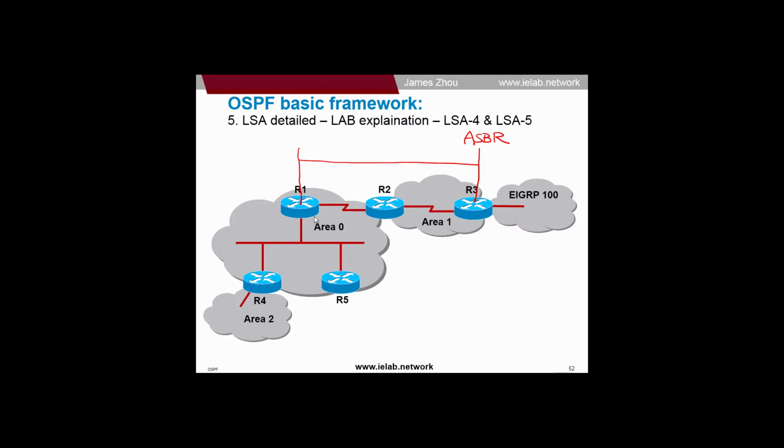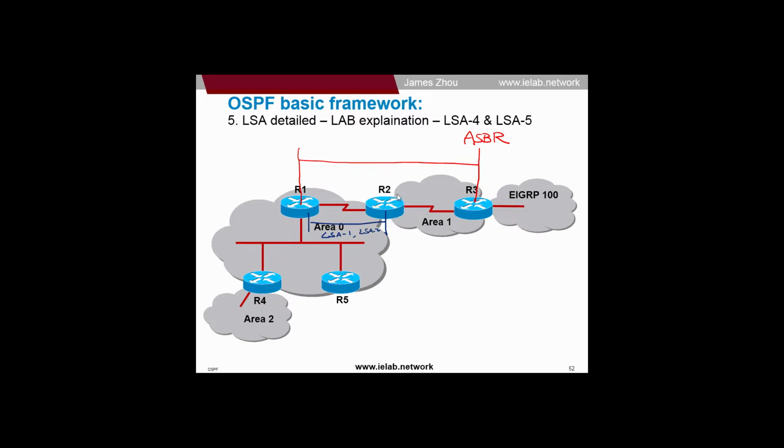R1 can use LSA1 and LSA2 to calculate the distance to the ABR. Actually, in some situations there is no LSA2, right? We can use LSA1 and LSA2 to calculate this distance.